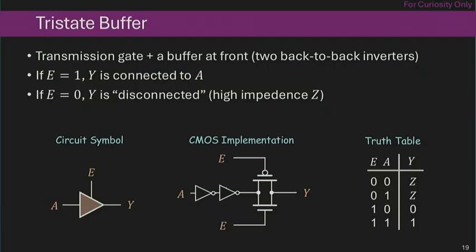Say your 1 is slightly degraded to a 0.9 or 0.8; with the two inverters, you can get back to the original driving strength. Again, we're using the enable to control the connection between A and Y. If you look at the truth table, if enable is 1, output is the same as your A input. If enable is 0, output is Z, which means high impedance, essentially disconnected.